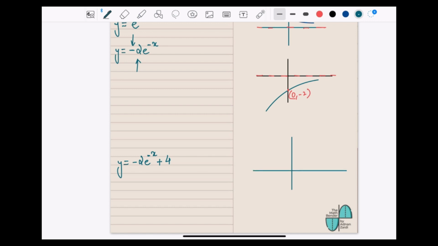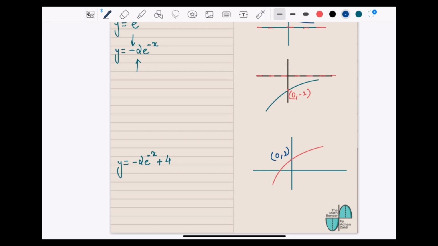Now the graph, since it moved 4 units upward, will look like this. Let me draw it with a different color. The point which was initially (0, -2) is now (0, 2) after moving 4 units up.